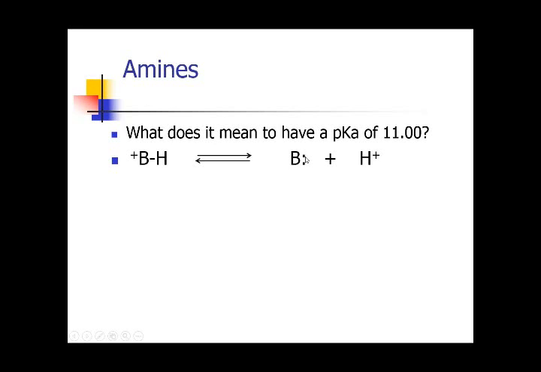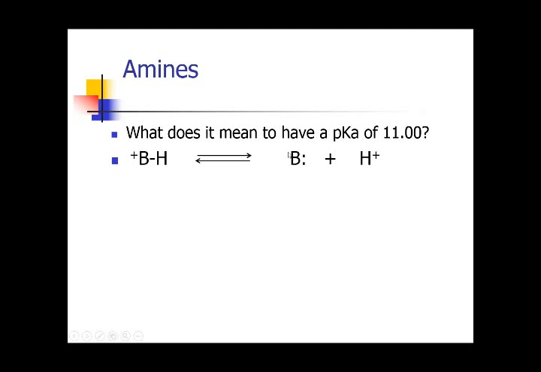At pH, we'll say pH 10, 9, 8, 7, any number lower than 11, there's more H plus floating around. More H plus, it'll be pushing it more and more into this direction. What if I have pH 12, a higher pH value? Well, if I'm at pH 12, there's more OH minus floating around, which could react with the H plus forming water, meaning more and more will go in this direction.